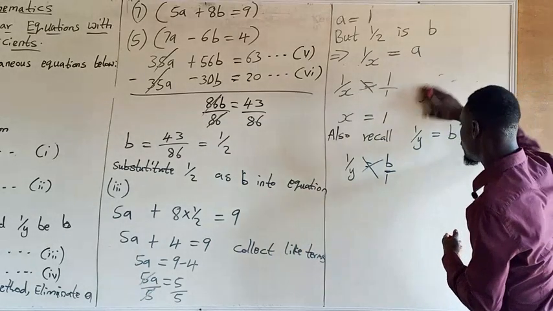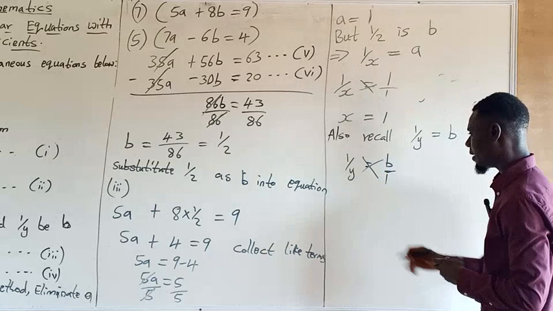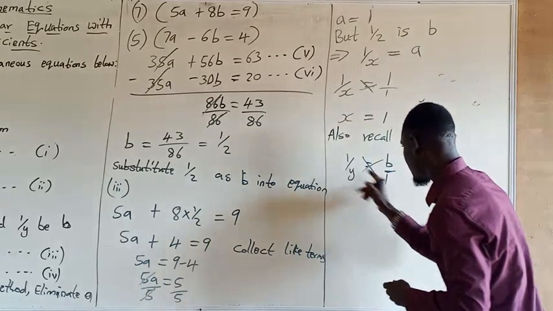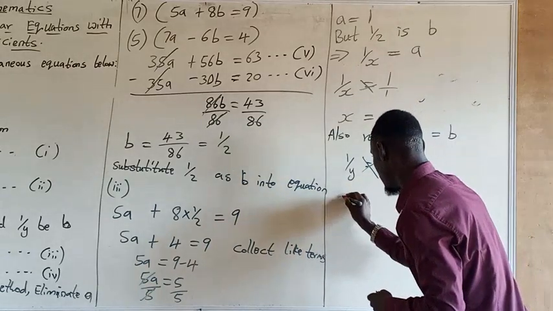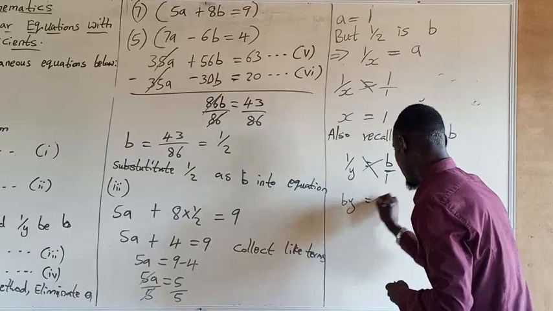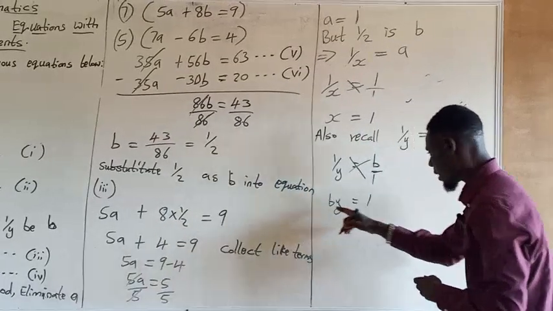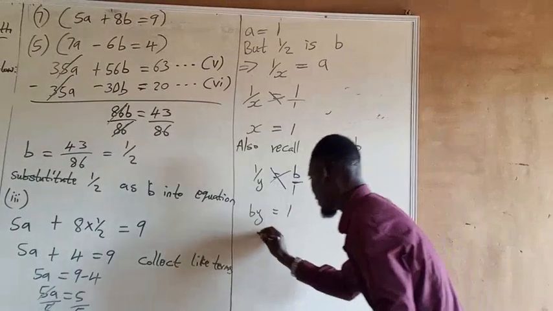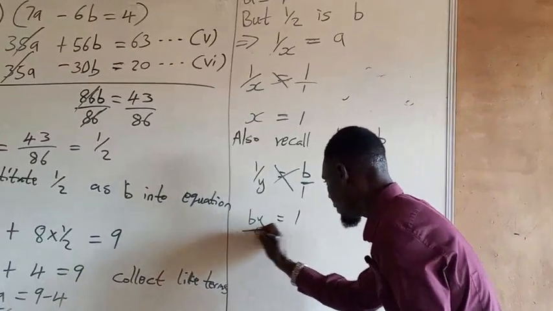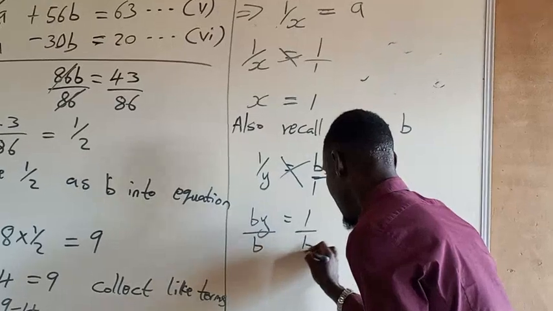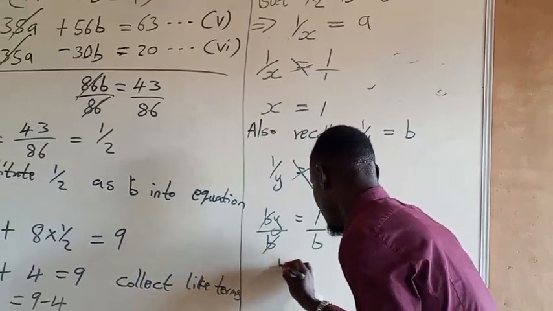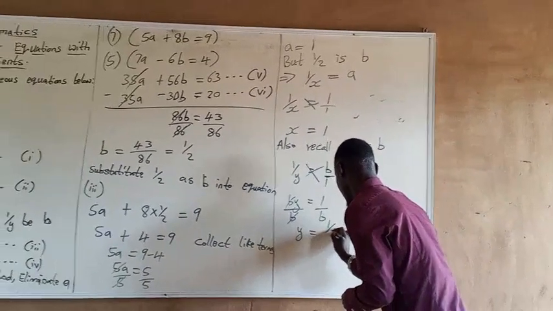So I will use this cross multiplying pattern. Now let's cross multiply. This will give us by is equal to 1 times 1 will give us 1. Now let's make y subject of formula. You observe that we divide both sides by b. This b will cancel. And you observe that we have y is equals to 1 over b.